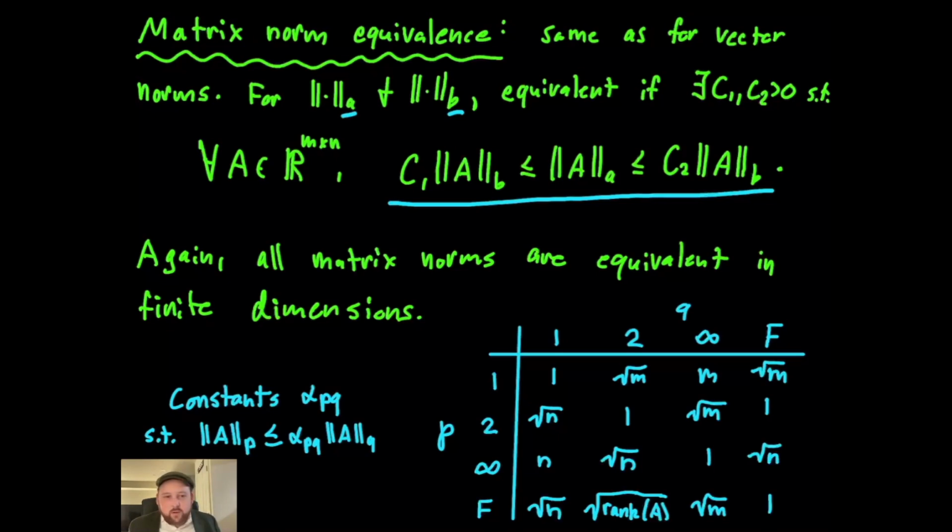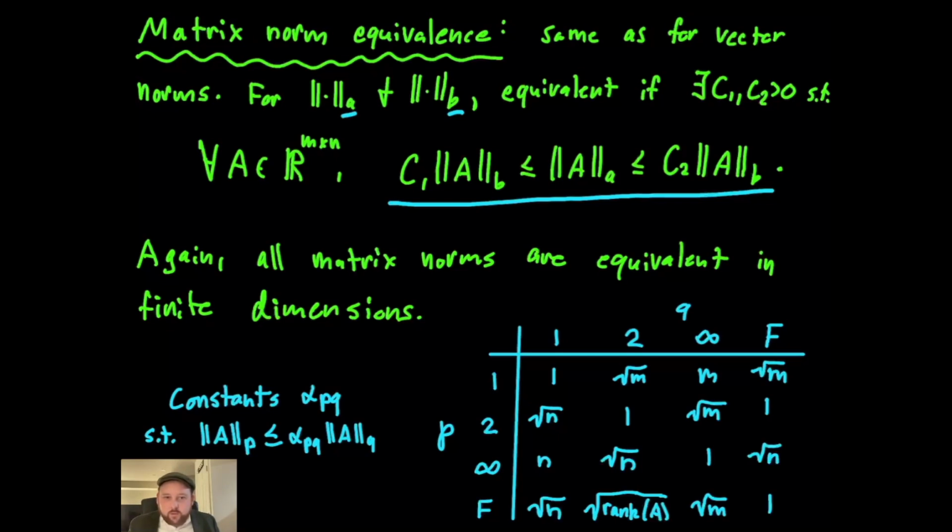Again, one fact you can prove is that, like in the vector norm case, any two matrix norms that you come across are equivalent in finite dimensions, because our matrices have finite dimensions. So this is true. And there's a nice chart that tells you some upper and lower bounds, the relationships between the different norms that we've talked about in this video.